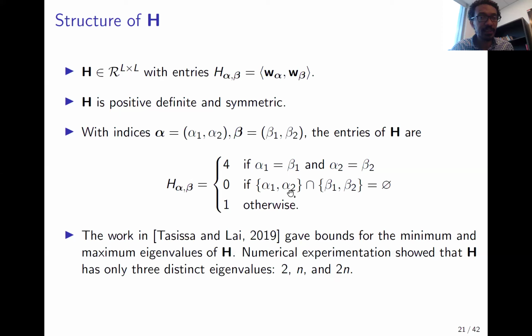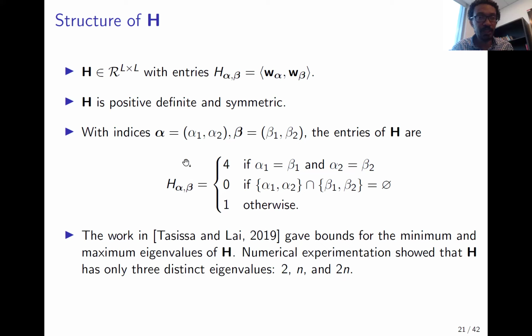If they share at least one index, we get a 1. And if the indices don't intersect at all, it's a 0. So H only has 3 distinct entries. On the diagonal, it has a 4, and the off-diagonal elements are either 1 or 0. It's 1 whenever the indices share at least one common element, and if they are completely disjoint, it's 0. For example, W12 and W45 gives 0.